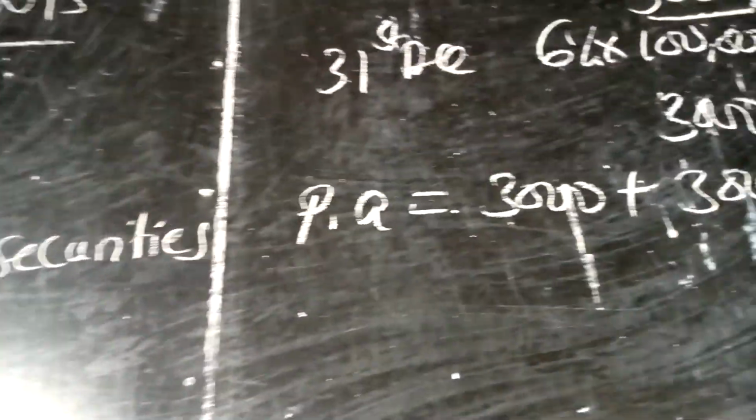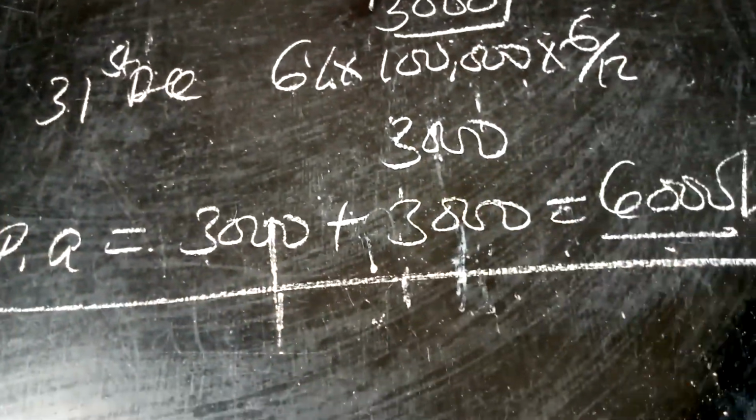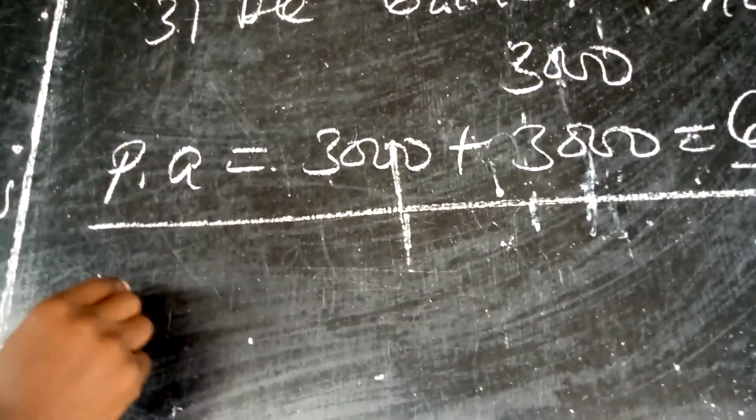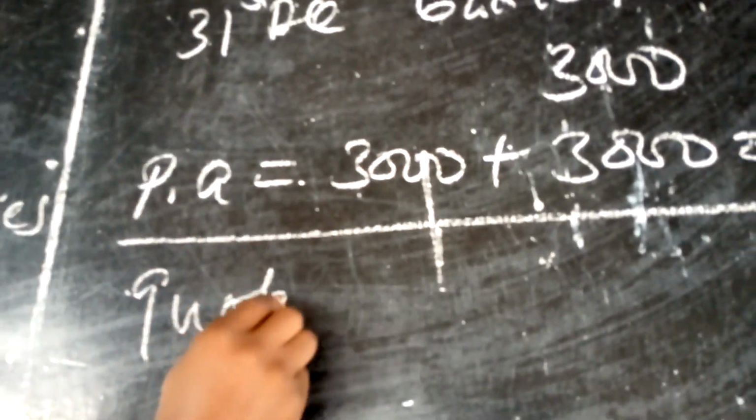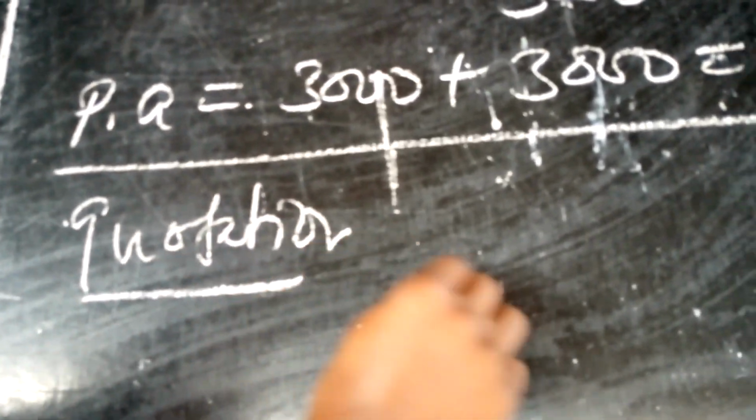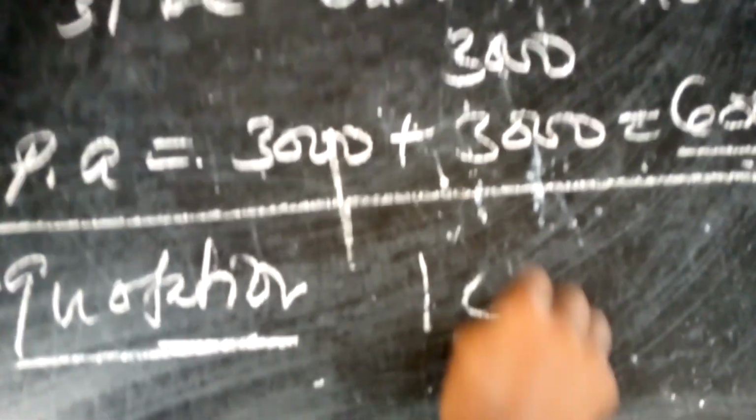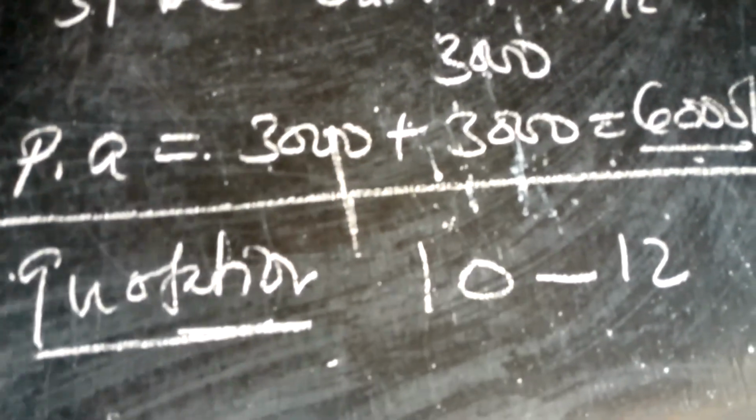But again, under this one, we have quotations of the price. Sometimes they can quote the price as 10 to 12.